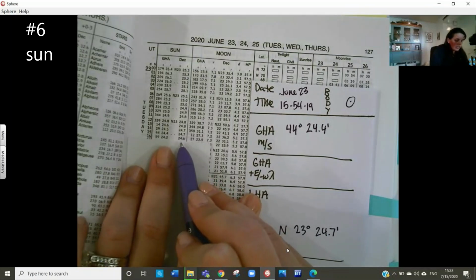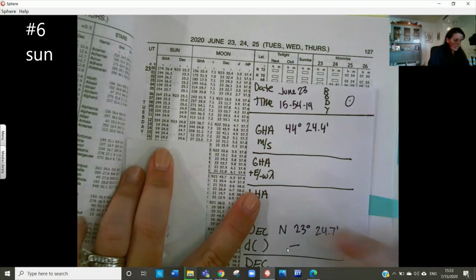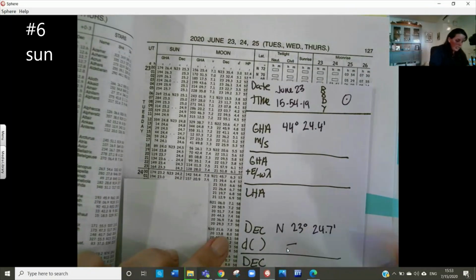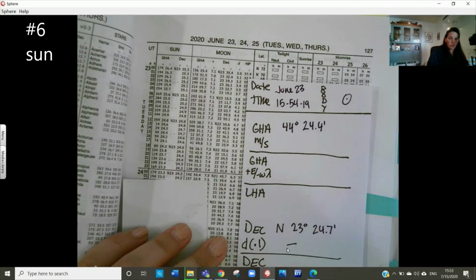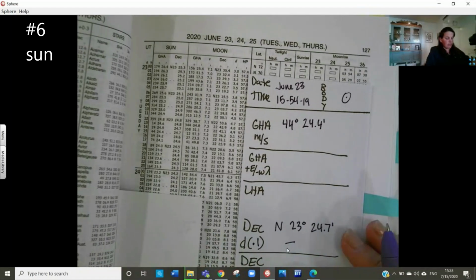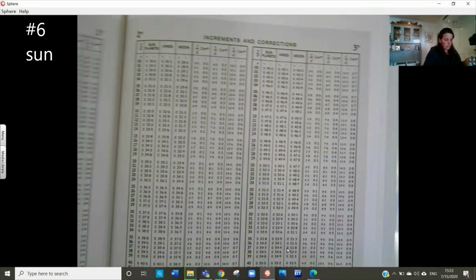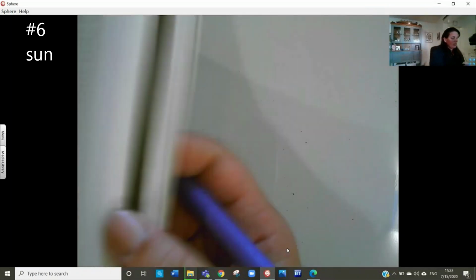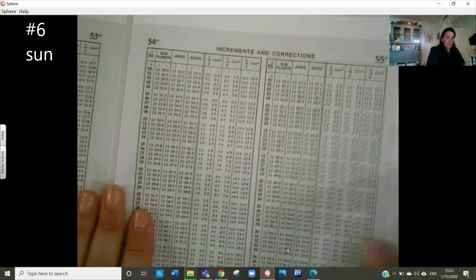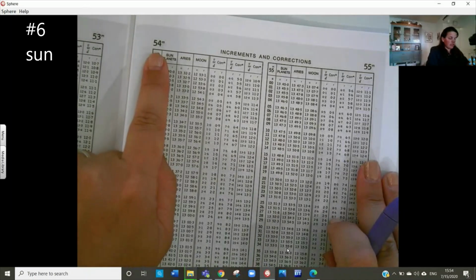To see if we're increasing or decreasing, we will be decreasing. And we follow the bottom to have our little d of 0.1. Okay. Now we can go to the minutes and seconds page. Alright, so we're in the 54 minutes.